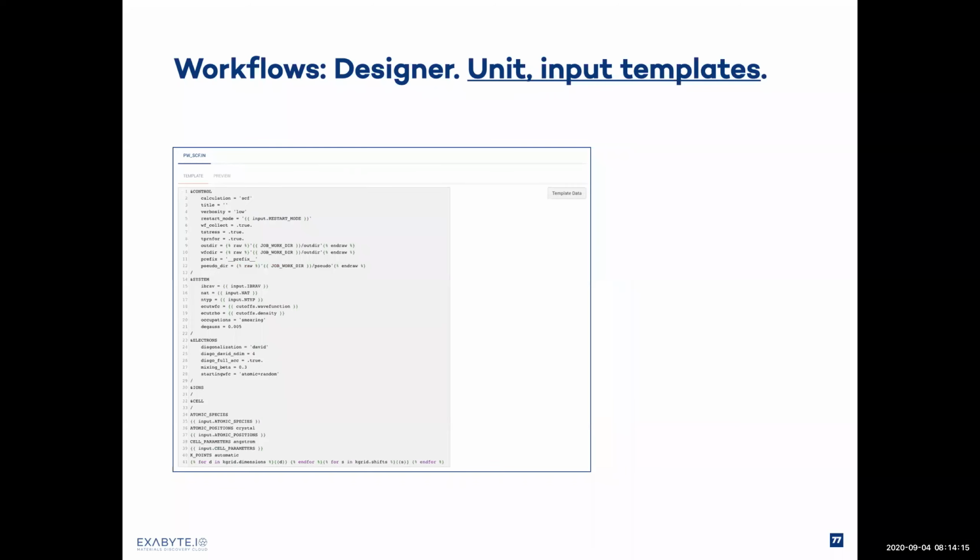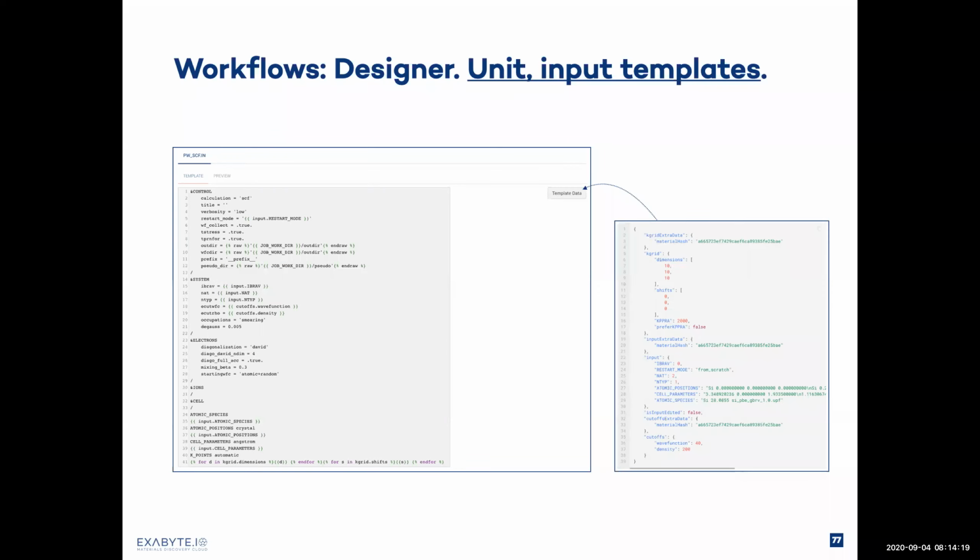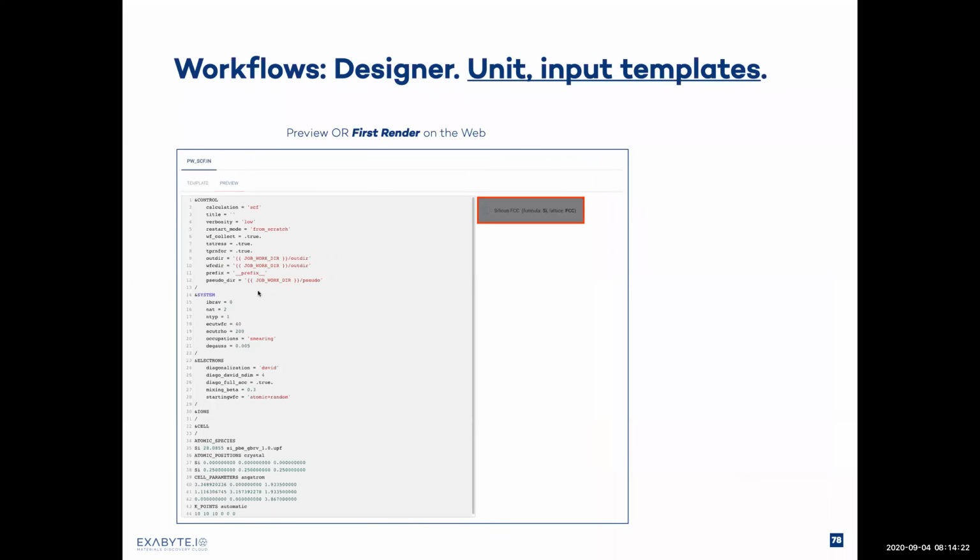If we compare the two, we can see that there is a set of template variables that are explicitly rendered inside the preview tab. Now, this is the first render that happens on the web before we submit this calculation for execution. There is also a second render. As you can see, there are certain variables that are not resolved yet inside the template.